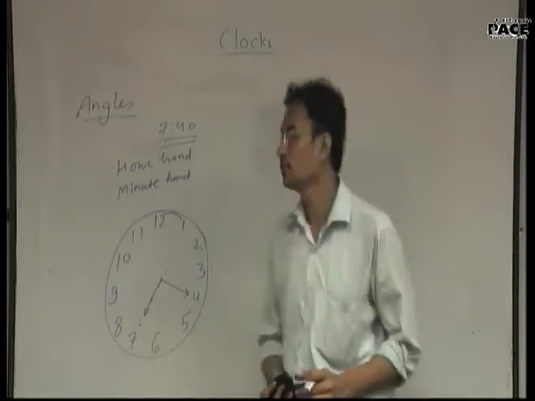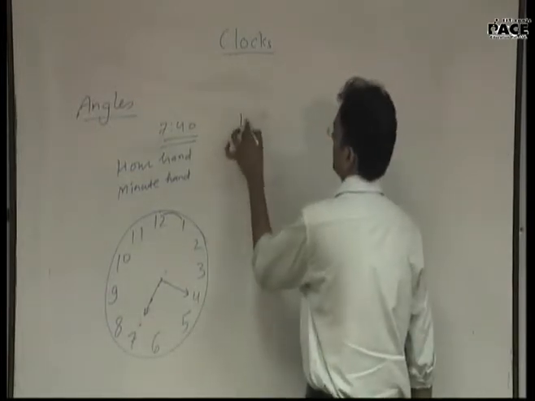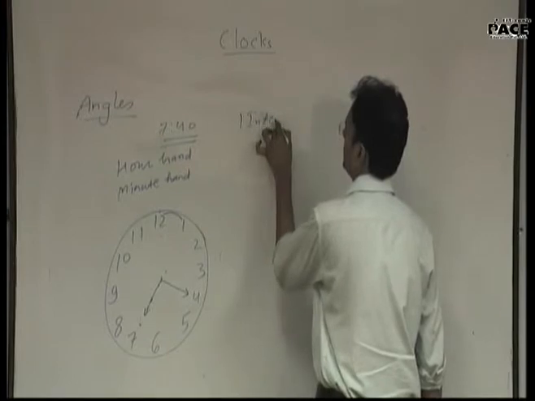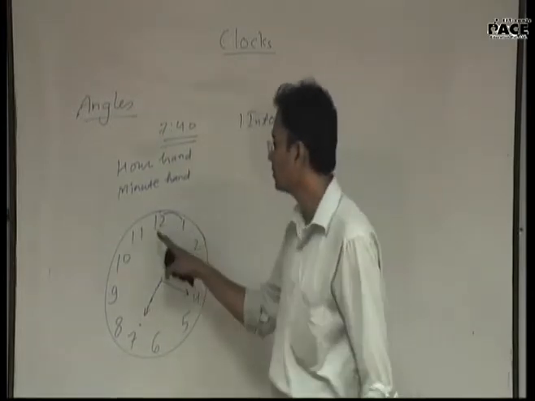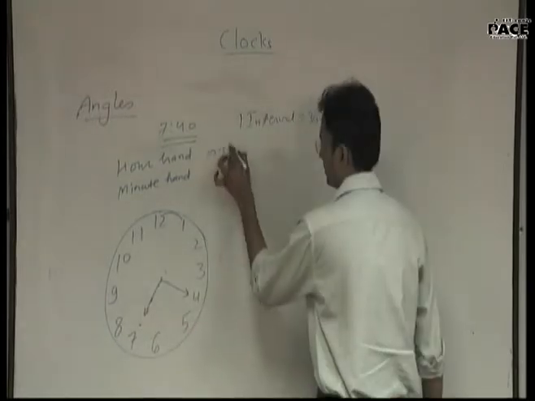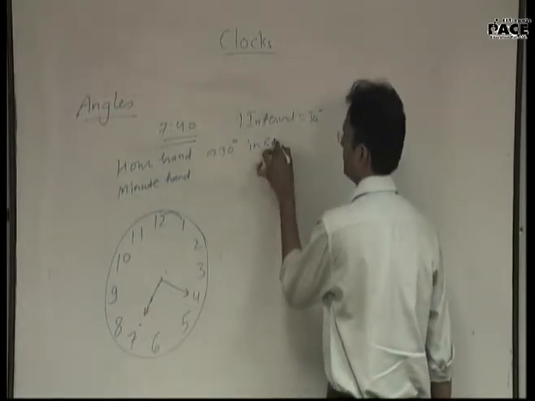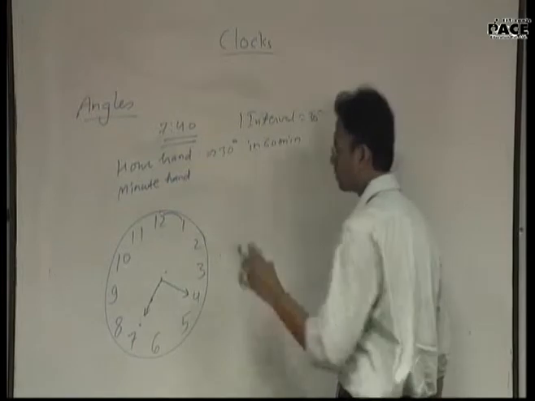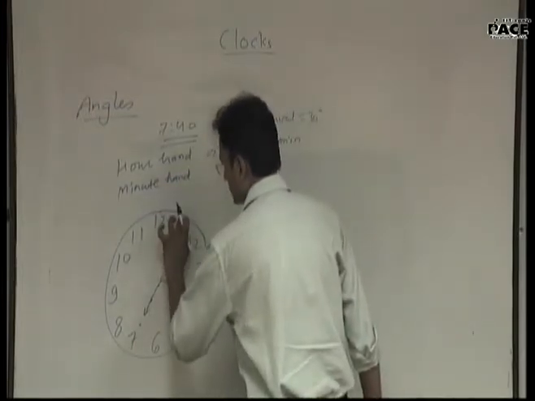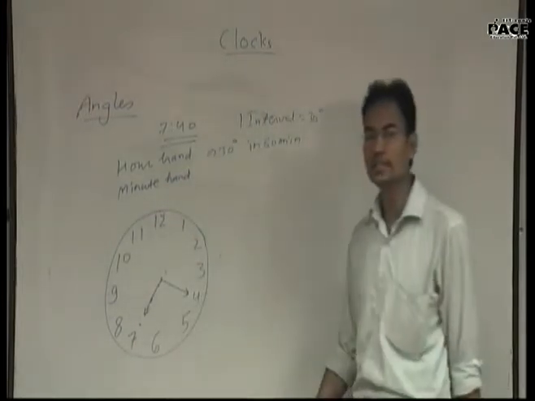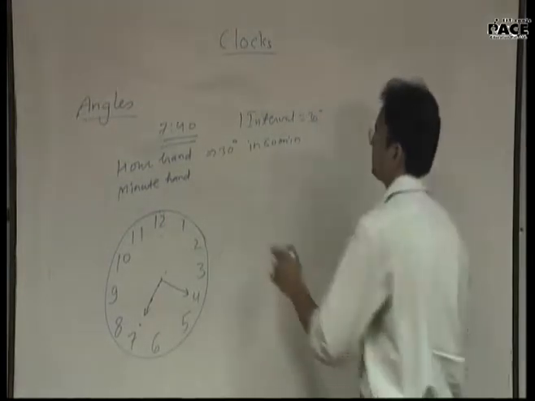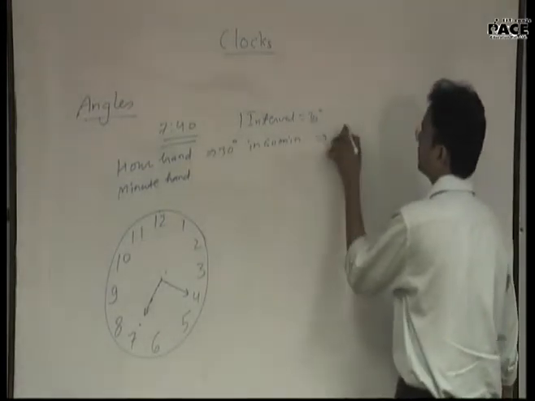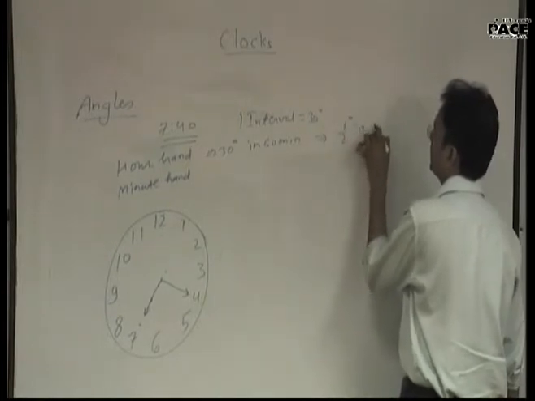So one interval is of 30 degrees. And the hour hand goes 30 degrees in 60 minutes, because it goes 5 minute spaces, that is 30 degrees in 1 hour or 60 minutes. So the movement of the hour hand is half a degree in 1 minute.